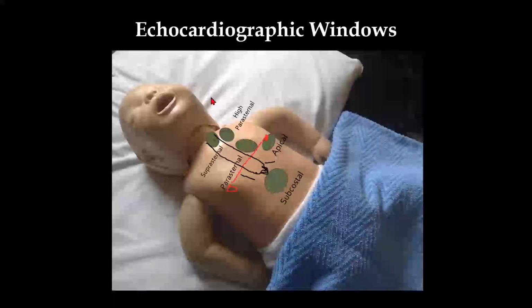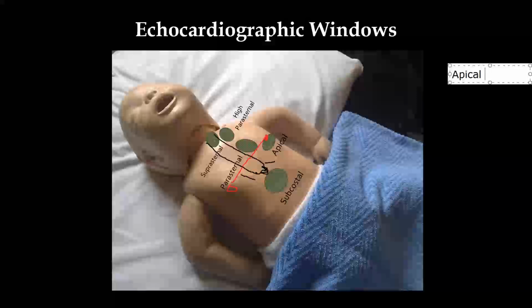So if I classify your views, the first one will be the apical views. Then you have the parasternal views. Parasternal views are divided into two.